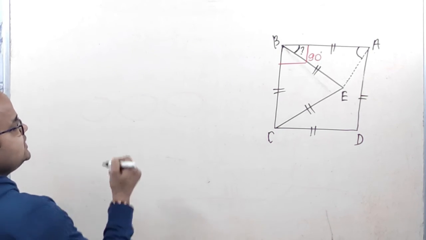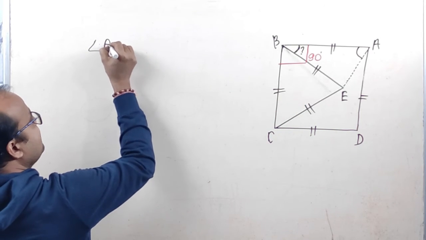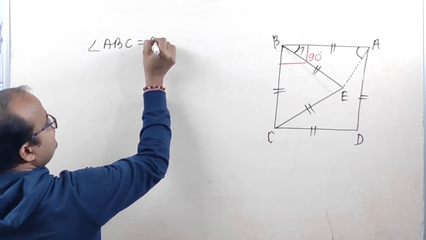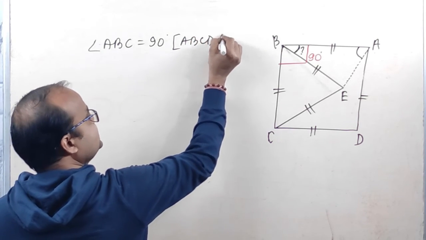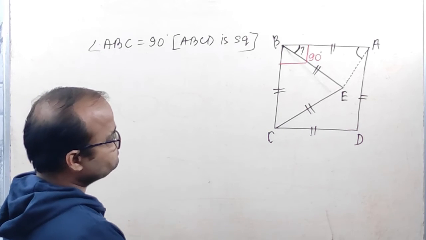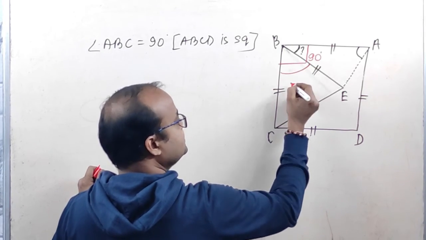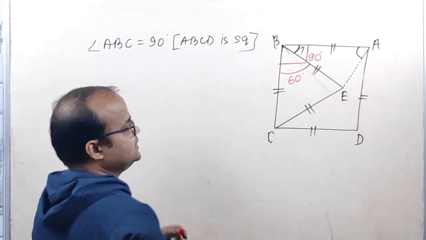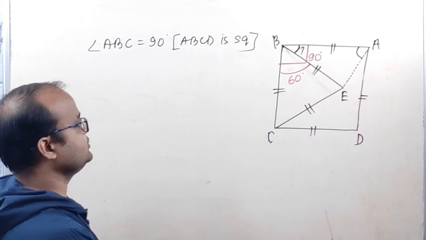So we write angle ABC equals 90 degrees since ABCD is a square, and this angle is equal to 60 degrees because BEC is an equilateral triangle.